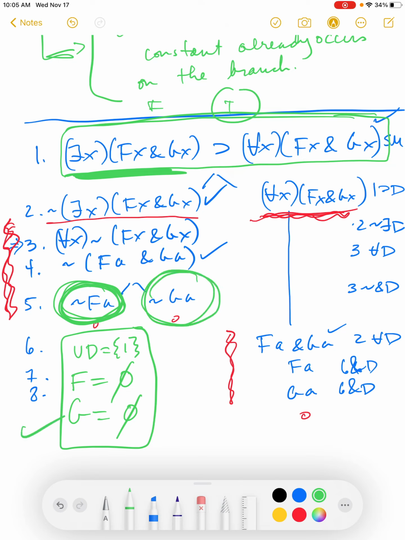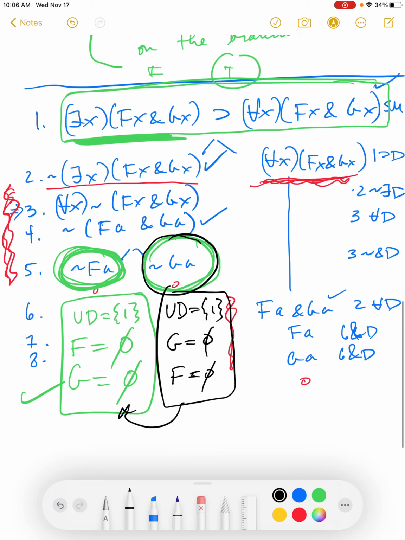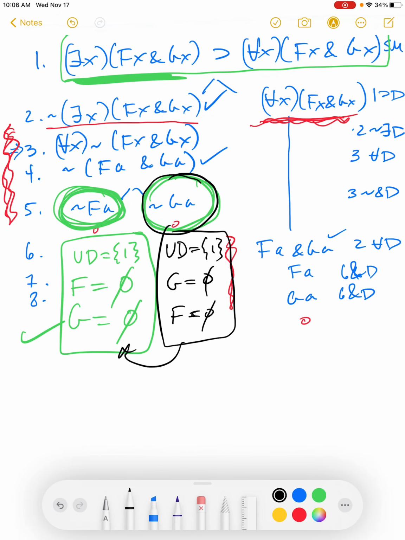And this literal over here, let me make it a different color. If we take a look at this literal, it suggests, once again, a universe of discourse with one thing in it, and we don't put it into the extension of G. It doesn't tell us anything about F, so let's just leave F empty as we did before, and we have the same interpretation as we had there. Okay. Finally, the right-hand open branch: the literals we've got there are FA and GA.